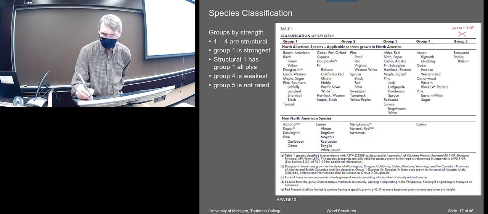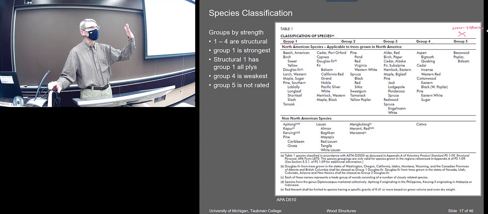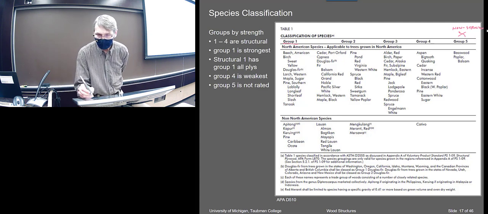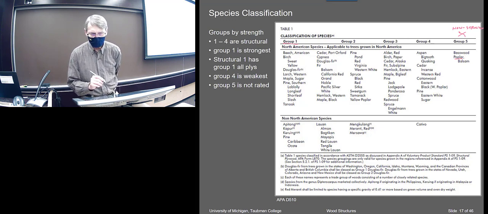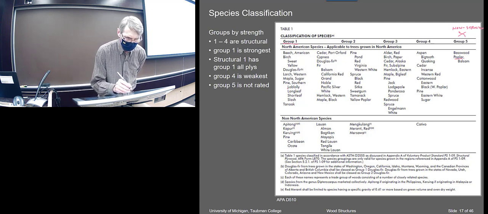This would get used for something like facing of a wall that's not a structural wall. Well, it's funny, I'm surprised. Poplar is pretty strong wood, I thought. I'm surprised it gets pushed down with basswood. Okay, that's not that strong.